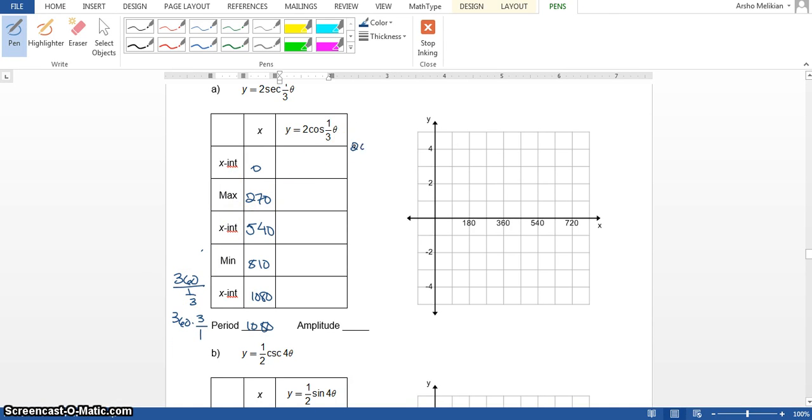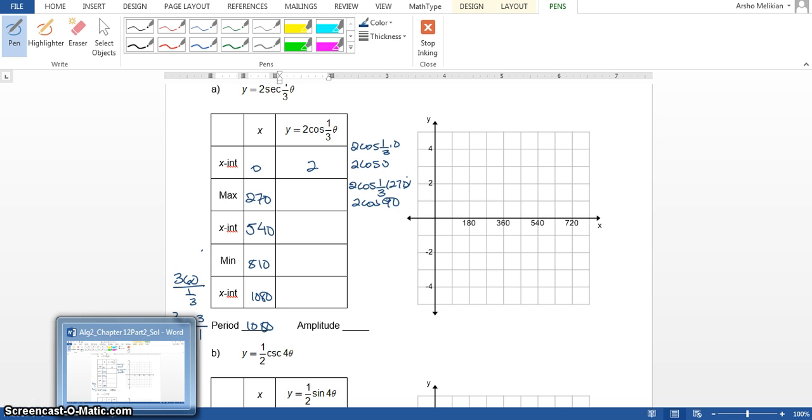Here I have 2 cosine 1 over 3 times 0. So it's 2 cosine of 0, which is 2. Cosine of 0 is 1, times 2 is 2. Next, 2 cosine 1 over 3 times 270. This is 2 cosine. What's 1 over 3 times 270? 90. Cosine of 90 is 1.